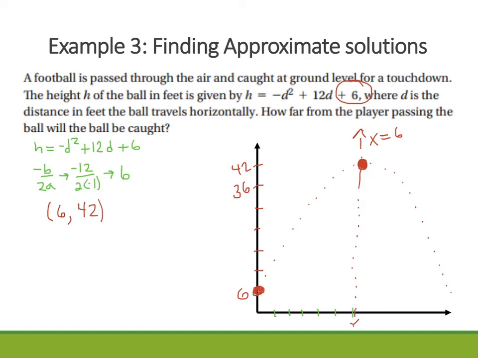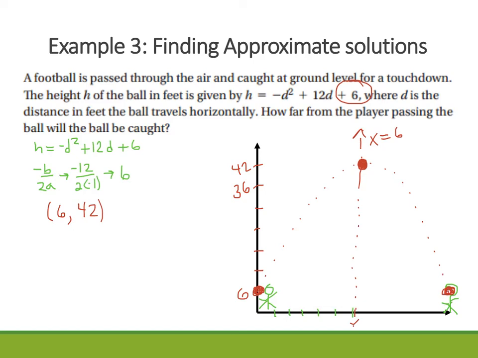Now, you've got to kind of assume that the player is 6 feet off the ground. He's throwing the ball, right? So the player who catches the ball is probably standing over here, and he also is about 6 feet off the ground. So he catches it about right there.